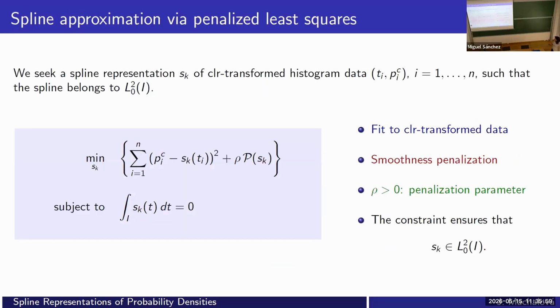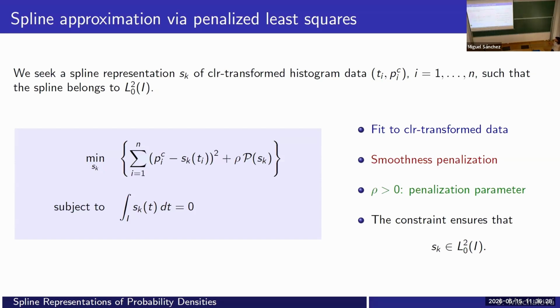Well, so as I mentioned, for the CLR transformed histogram data, we want to find spline that minimizes penalized least square form, which we can see many times this week. But what is necessary to fulfill is the integral, which must be equal to 0. So we want to find spline which has this condition. And of course, there is a penalization term. We can use whatever we want.